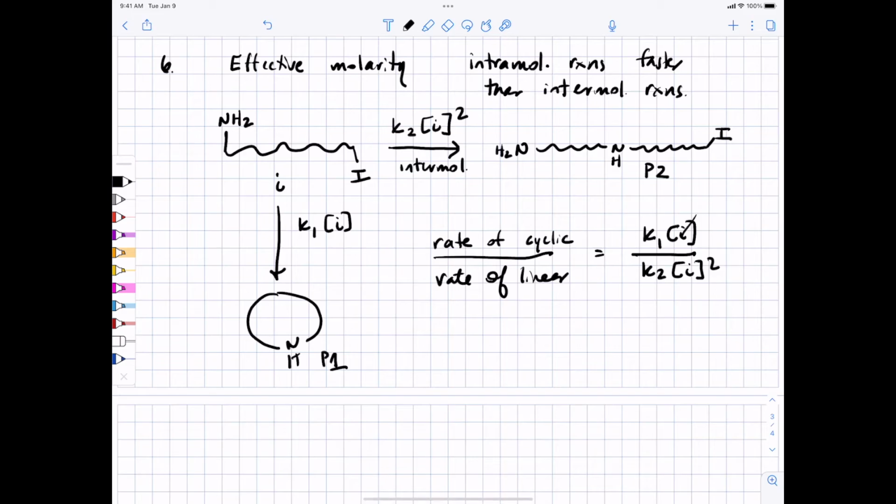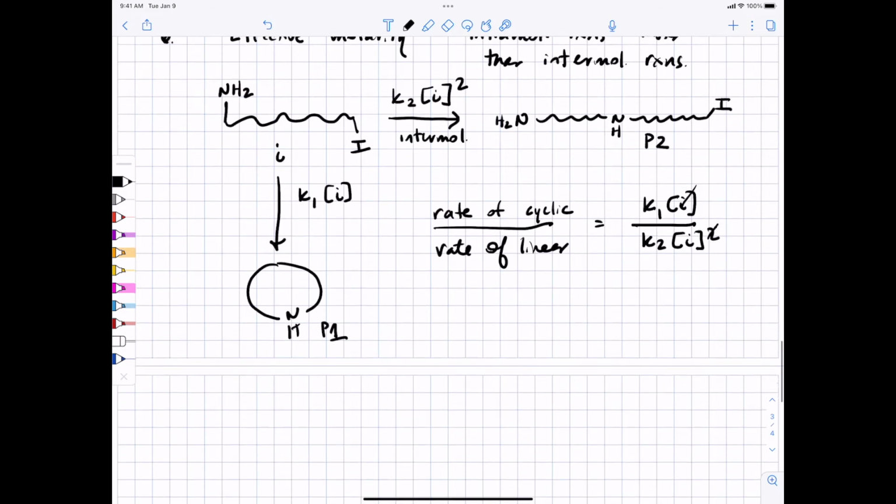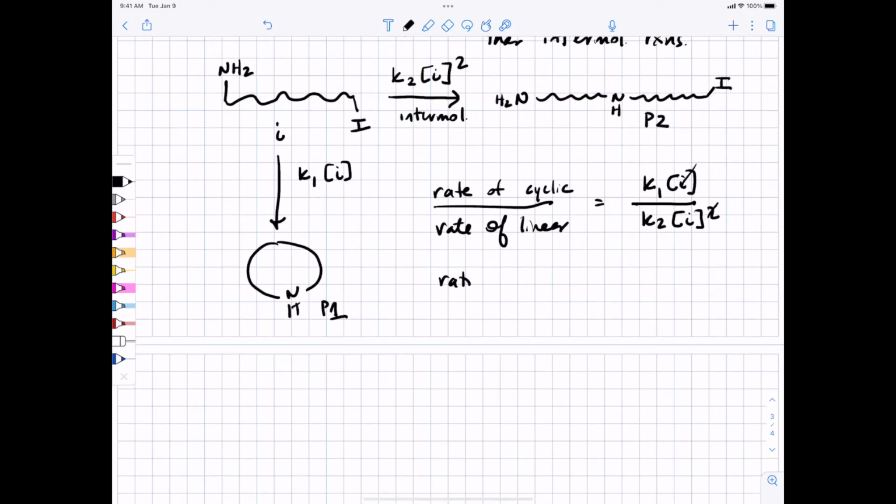And we'll cancel out one of the terms of I, and this ratio of rates is going to equal K1 divided by K2 with I in the denominator. That's the ratio of cyclic versus linear.